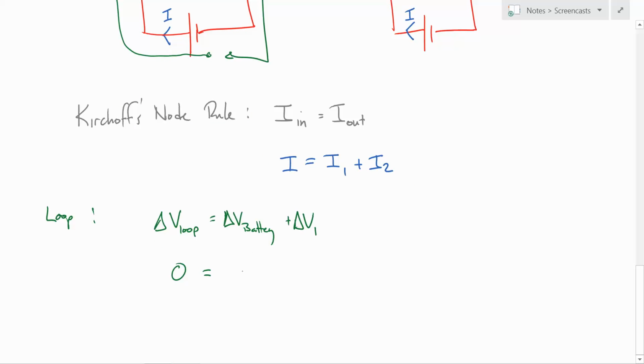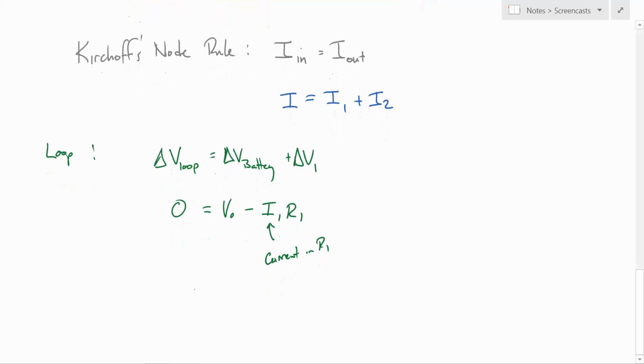So 0 is equal to V0 minus I1 R1, because this is the current in R1, which means that I1 is equal to V0 over R1.